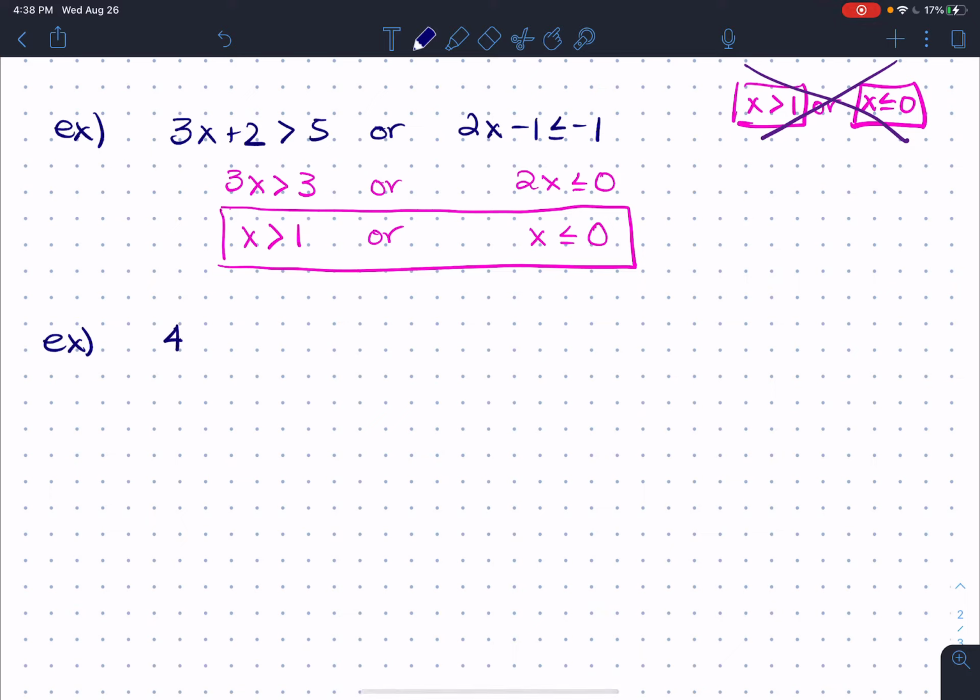So what if we have 4x plus 2 is greater than 7, or 3 minus x is less than, I don't know, how about 5? So you guys try this one, and we'll see what we get. So pause the video right now, try it on your own, and then we'll do the answer together.